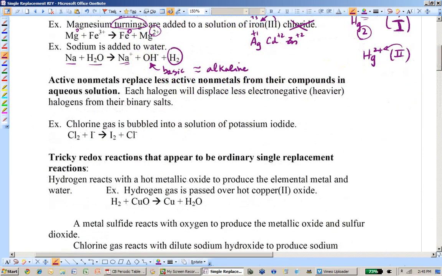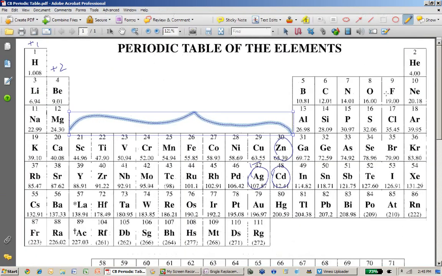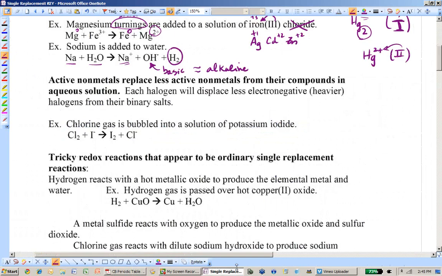So active nonmetals replace less active nonmetals, and the cool thing, again, about the periodic table is this is the activity series for the halogens. Fluorine is the most reactive, chlorine is next, bromine next, iodine last. So chlorine gas, that means I write Cl2, is bubbled into a solution of potassium, 1A metal, as an ion spectator, iodide.